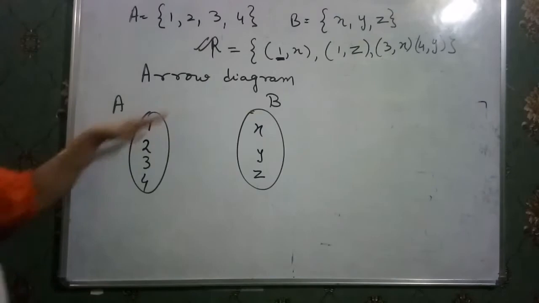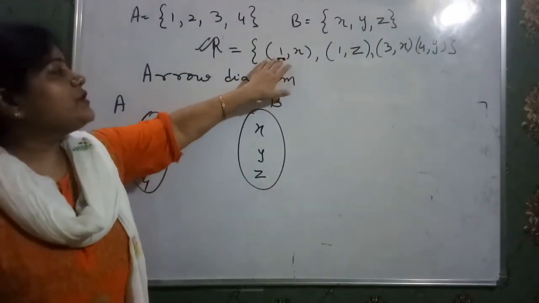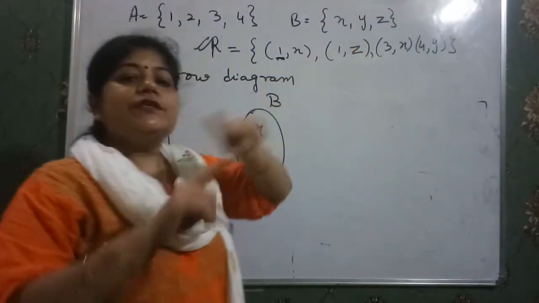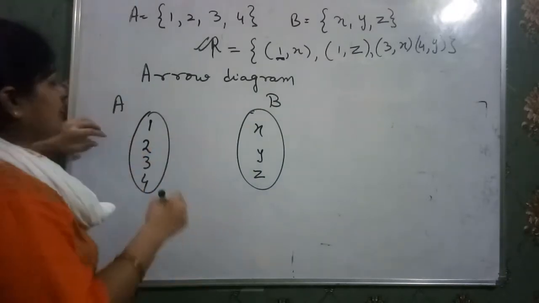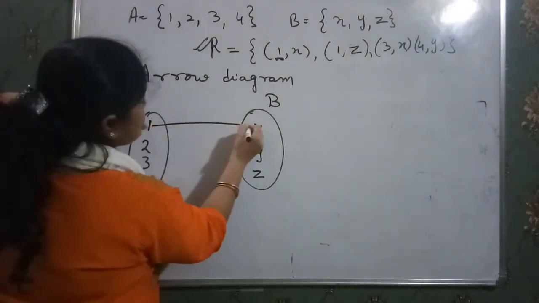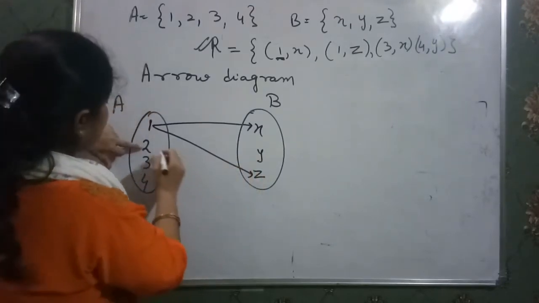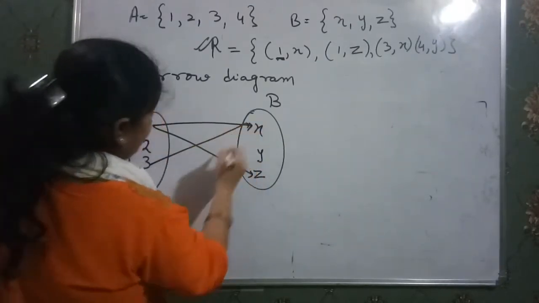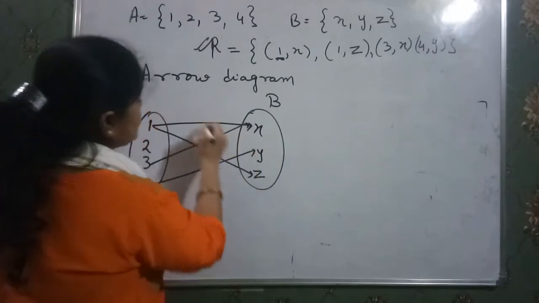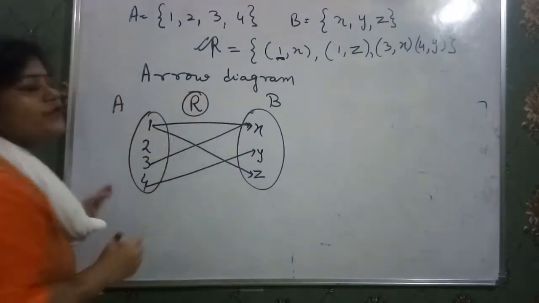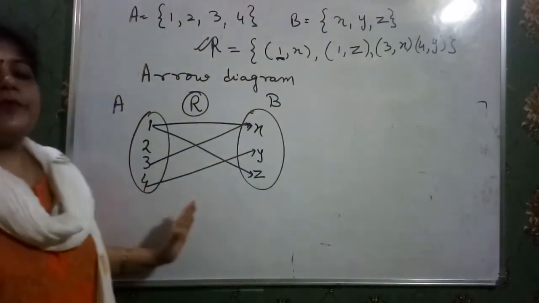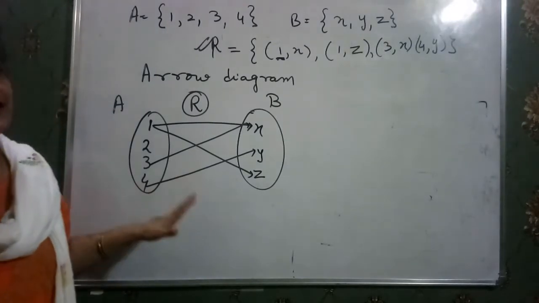Clear? Now the ordered pairs which are in the relation, we just match them. So 1 to X, 1 to Z, 3 to X and 4 to Y. So these are all the relations from A to B represented by the arrow diagram.